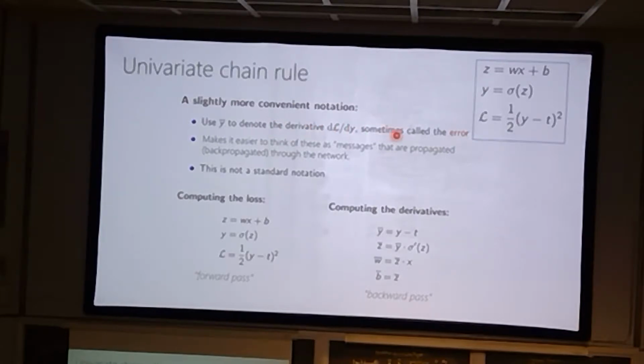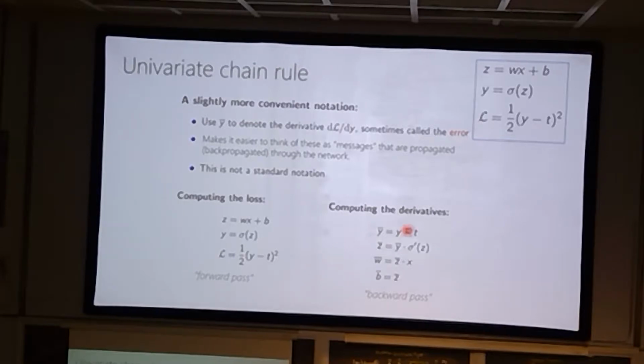Sometimes we call this the error, and people refer to backpropagation as passing around these errors from level to level. Sometimes we also talk about these as messages, so we're passing the messages around. That's to distinguish the mathematical concepts of how you compute the derivative from the practical software engineering considerations of how you practically compute the gradient.